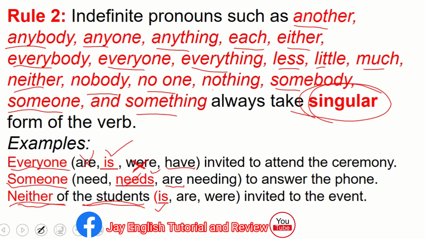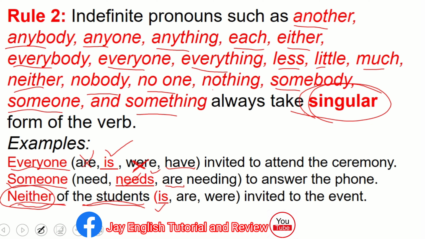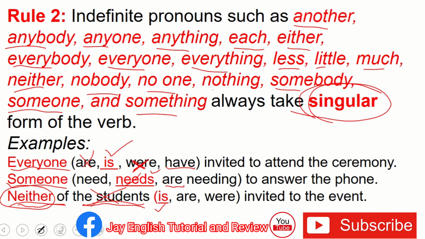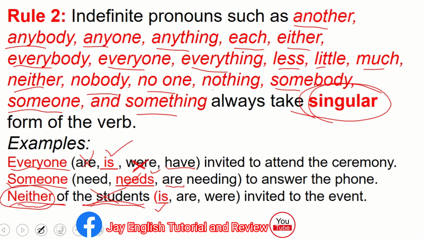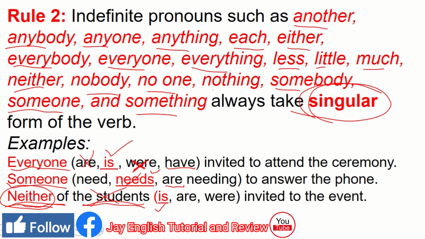The students. Our main subject here, or the basis of our verb here, is the word neither, not the phrase the students. Okay? It is on the indefinite pronoun neither. So please take note.